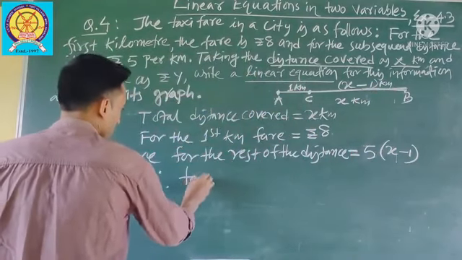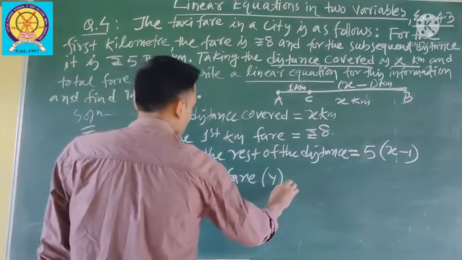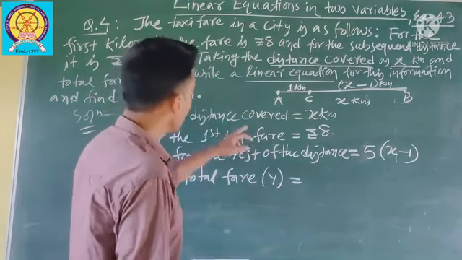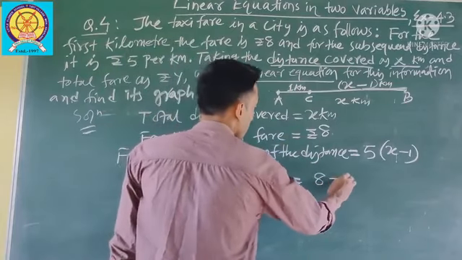Therefore, total fare y is, for the first kilometer, how much? Rupees 8.